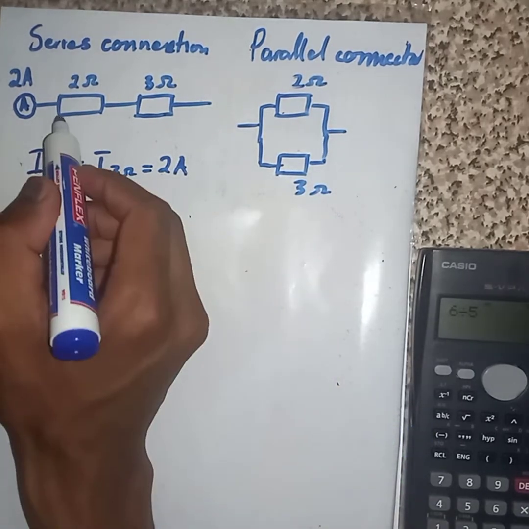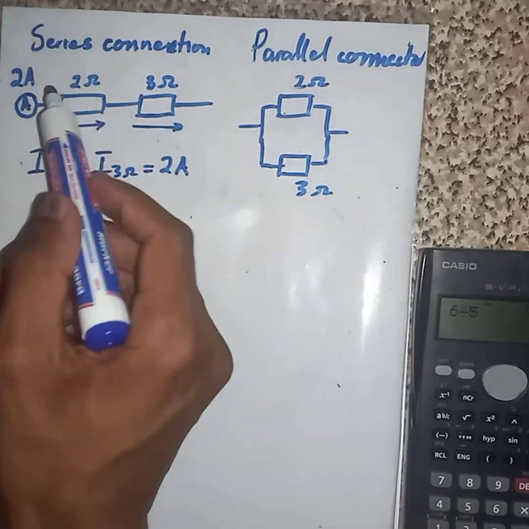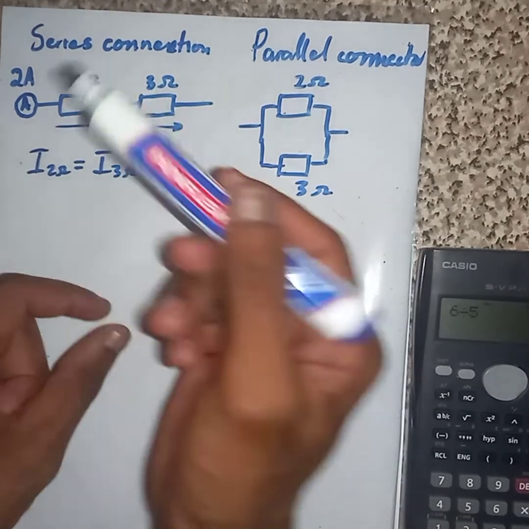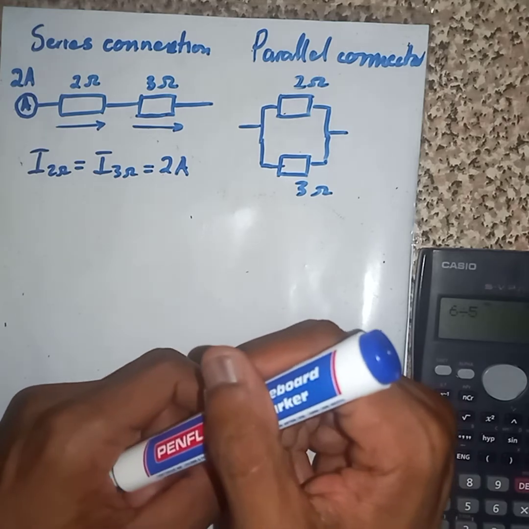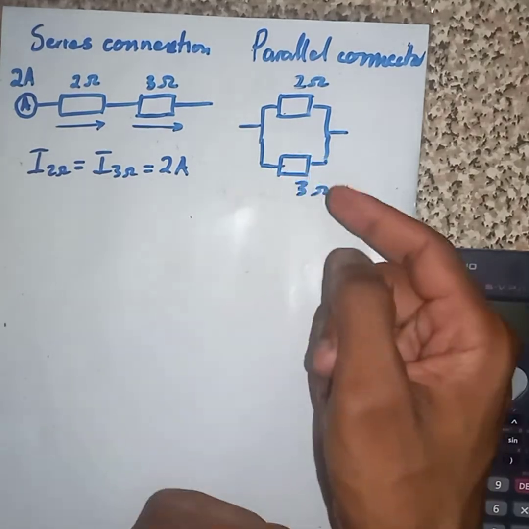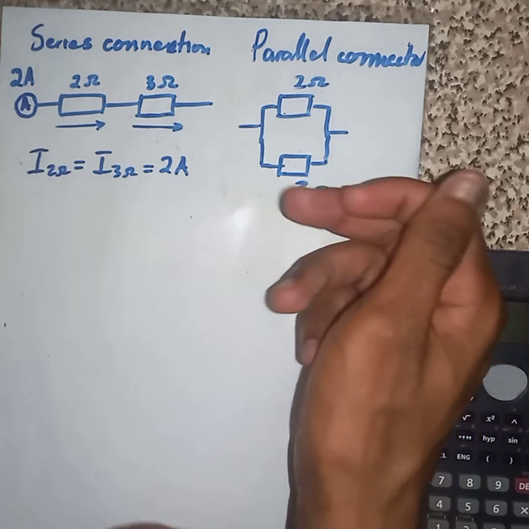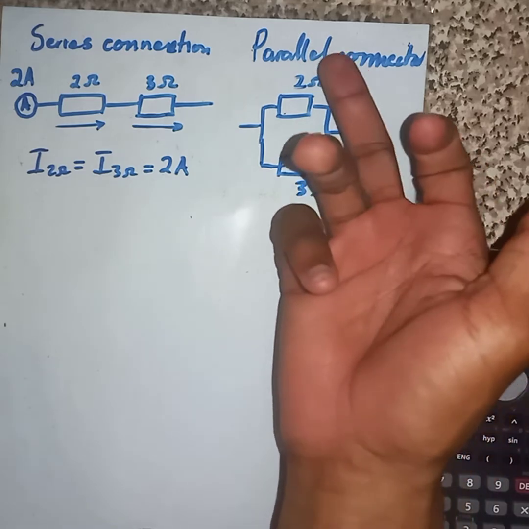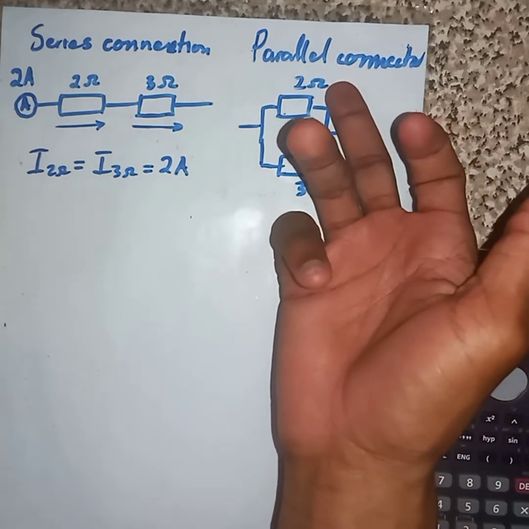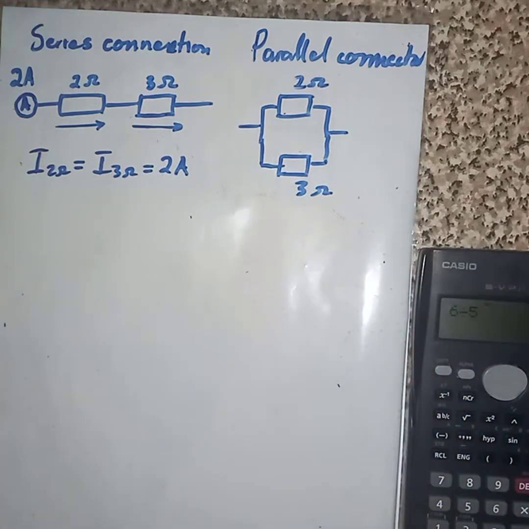See, we are going to get the same current for the resistor 2 as well as 3. But as for the parallel connection, we won't get the same answer. Then how are we going to calculate the current that is going to go to 2 ohm as well as 3 ohm? Check. We are going to use this method.